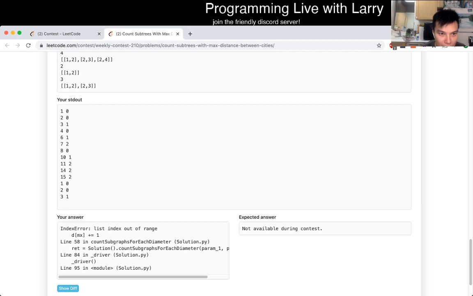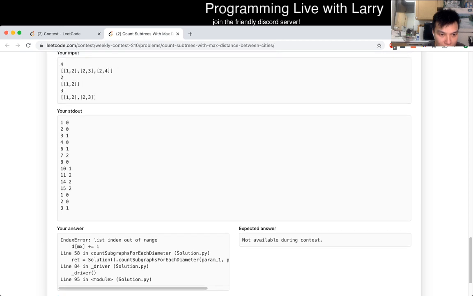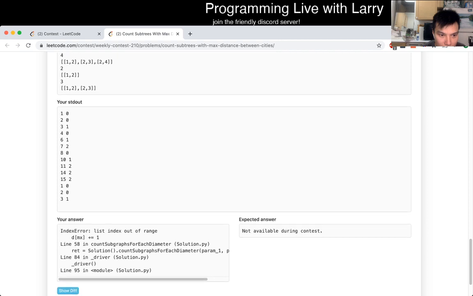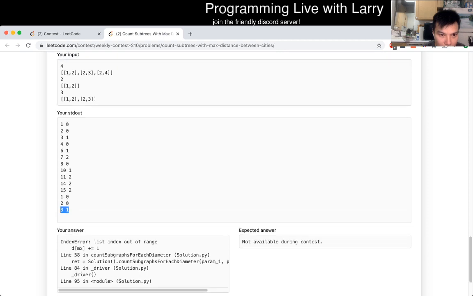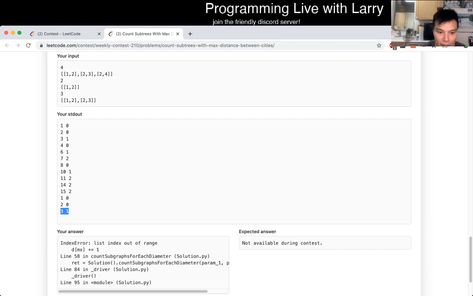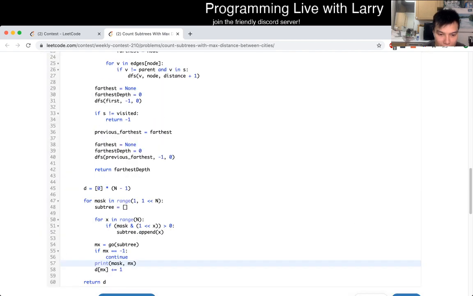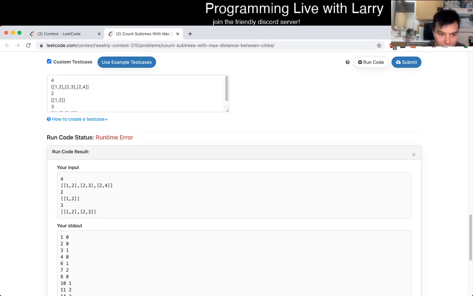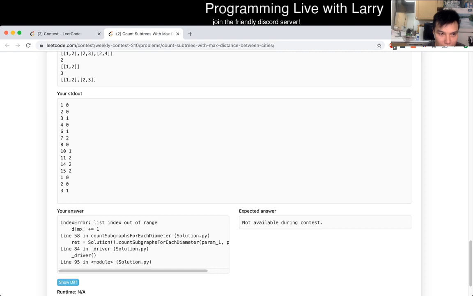Okay. So C12. Oh, this wants to be 3. No. N and 1, 0 and 1.